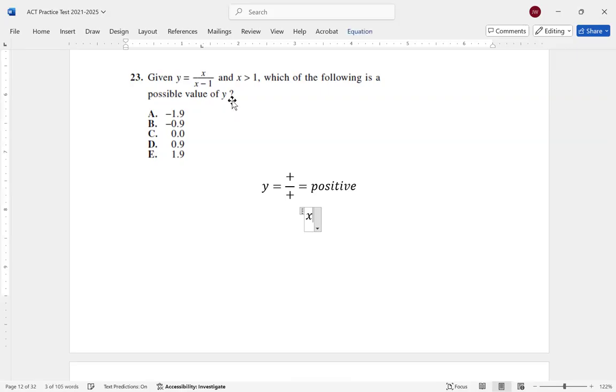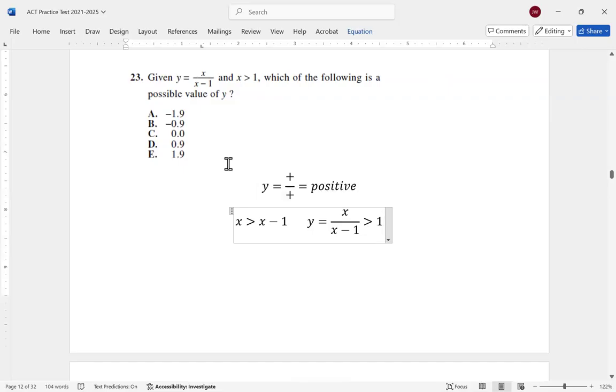Also, notice that x is bigger than x minus 1. So when I look at my fraction y, the numerator is always going to be bigger than the denominator. That means y is always going to be bigger than 1.